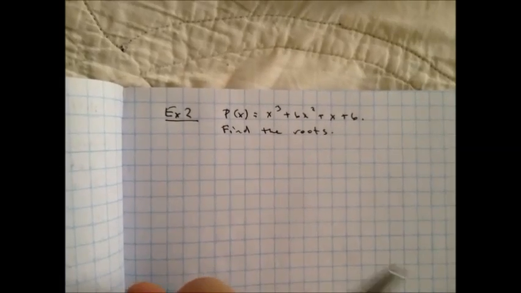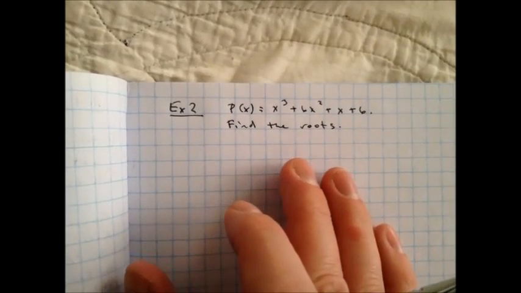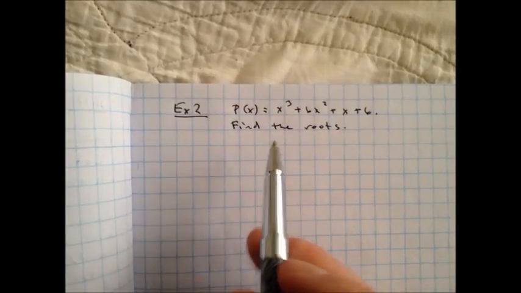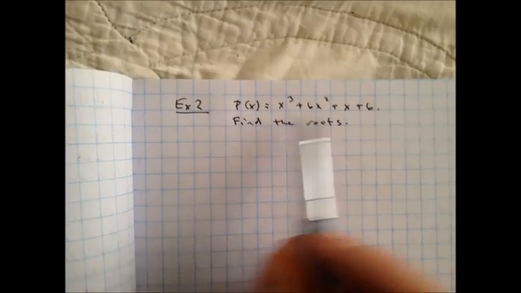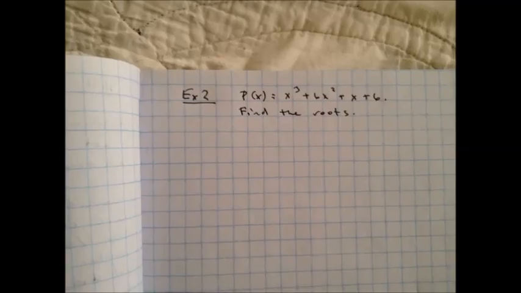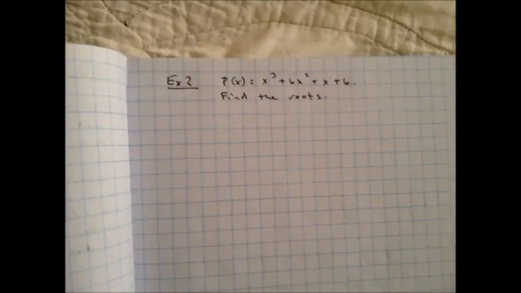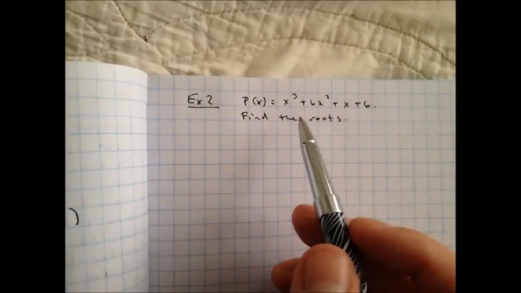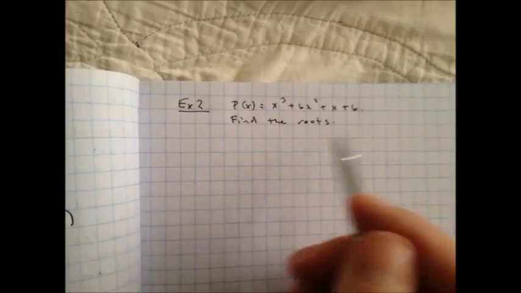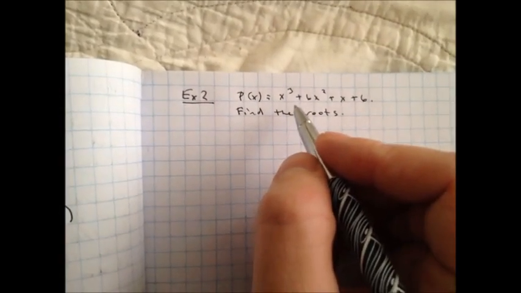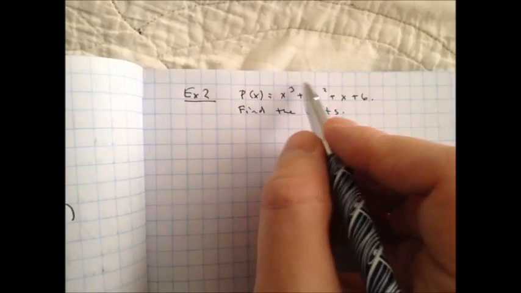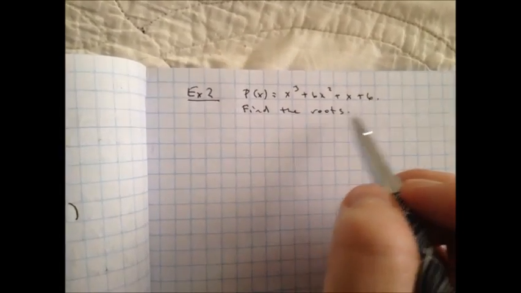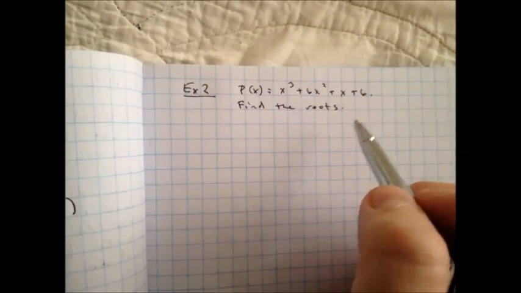And I'm going to go ahead and use this method, but we notice that it's factorable, but there are some really interesting things that happen if we end up with one like this that is not easily factorable. If I factored that, that would be x squared times x plus 6, plus 1 times x plus 6. So I'd have x plus 6 times x squared plus 1.